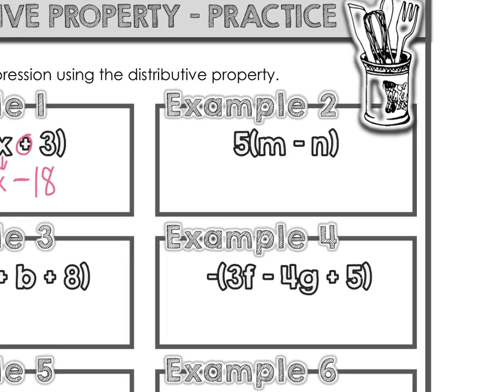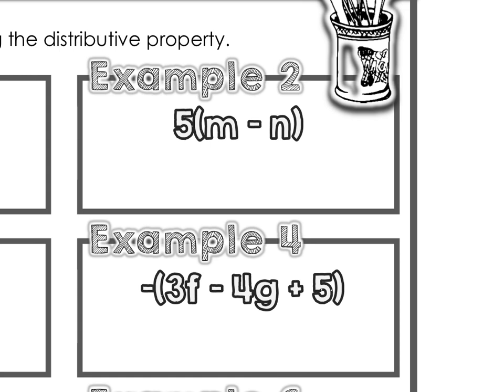Okay, so then this example 2, now we have two variables, but it really doesn't matter, it's going to be the same. We're going to multiply 5 times m, and that becomes 5m. And then 5 times n, we're just going to keep our subtraction sign because we're multiplying by a positive, and that becomes 5n.